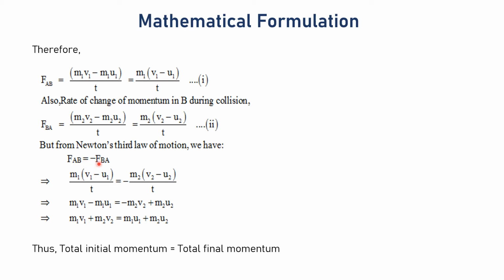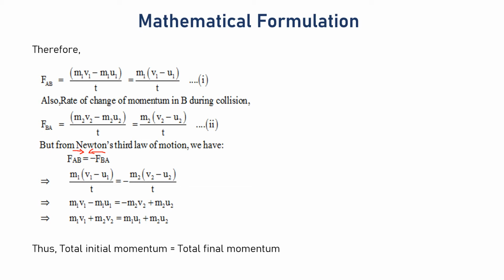Now the force acted by object B on object A, I have to consider as a negative force. Why? Because we know this force is in the opposite direction, right? This force is in this direction and this one is in the opposite direction. So because of this I have taken minus. F is the force acted by B on A, right students?